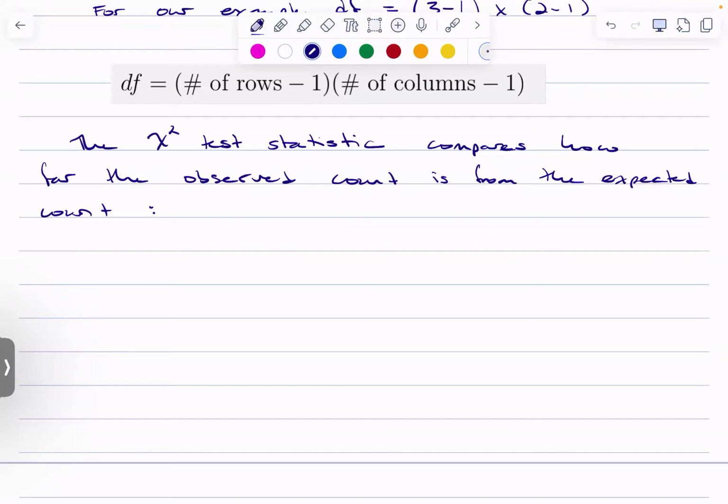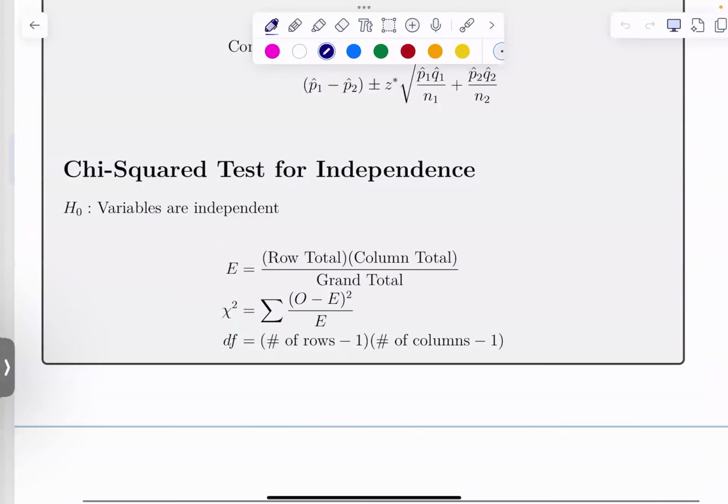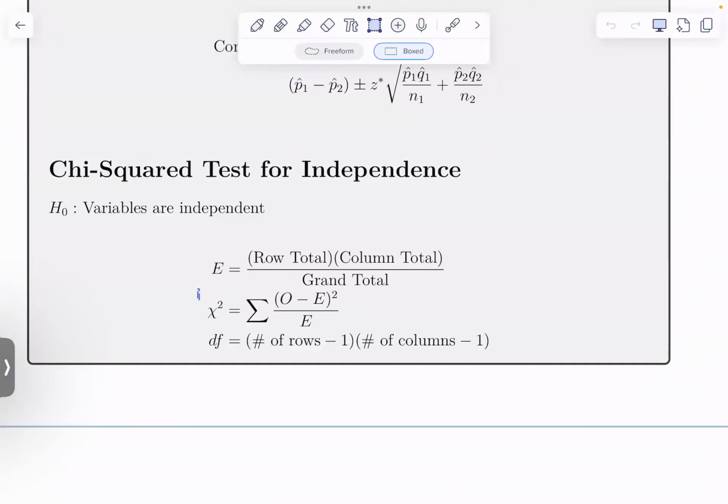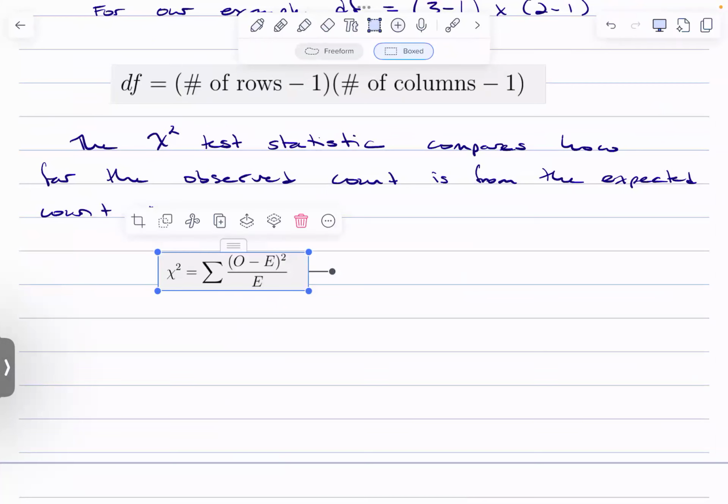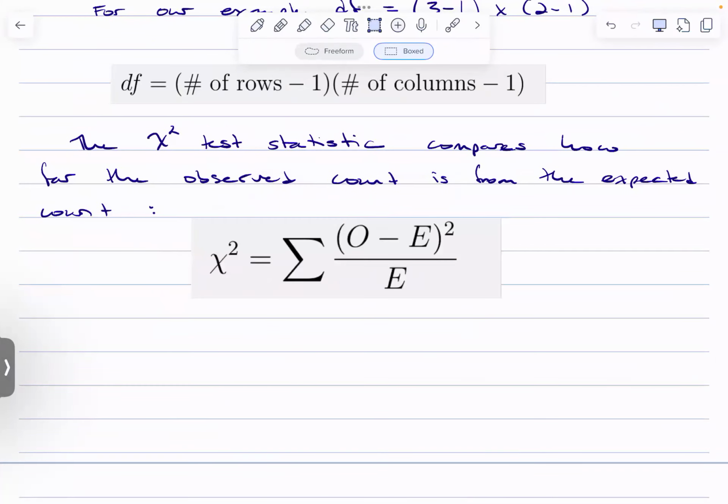On your formula sheet, I opted to ditch all subscripts, even though there's a lot. I just said add these all up. So the chi-squared is what you're going to calculate.